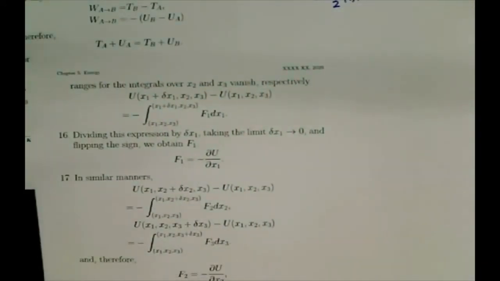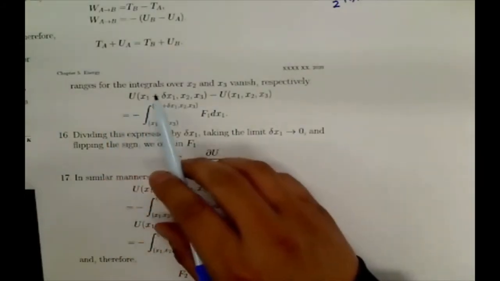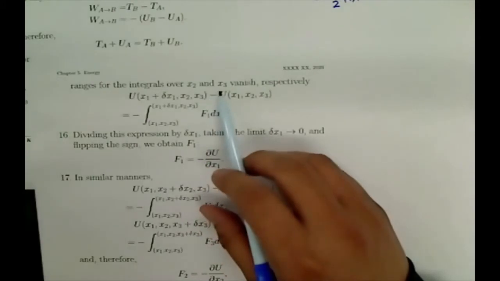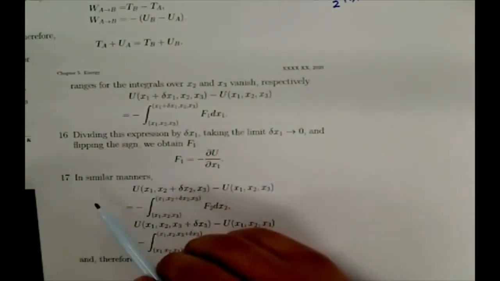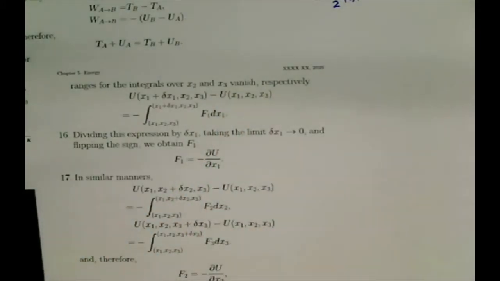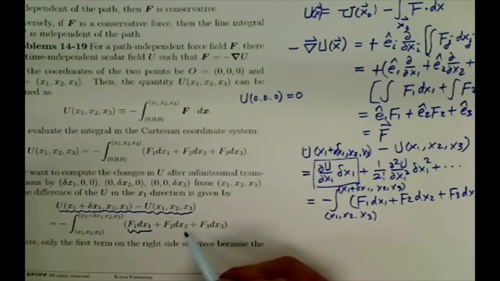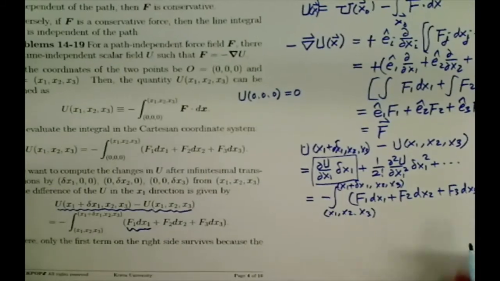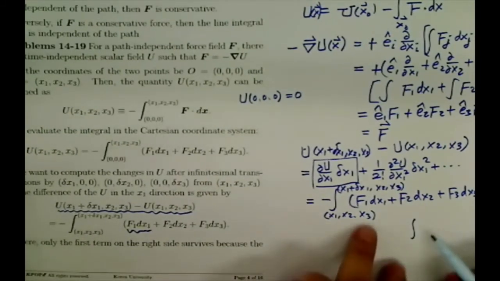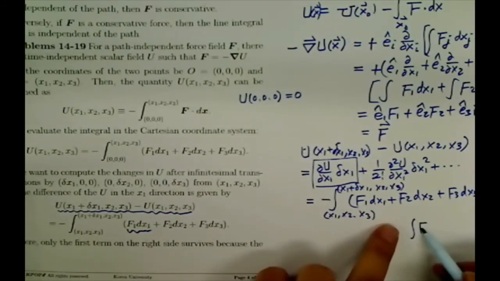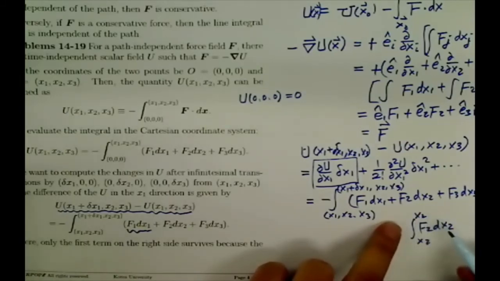because the ranges for the integrals over x2 and x3 vanish. This integral involves F2 dx2 from x2 to x2.